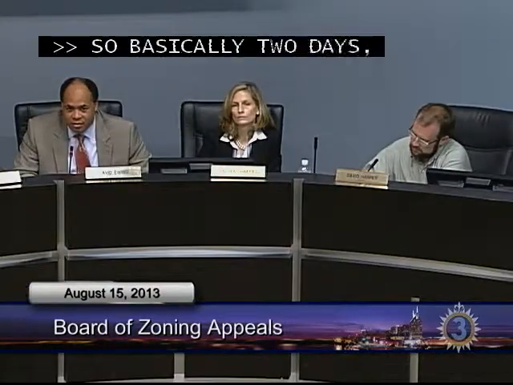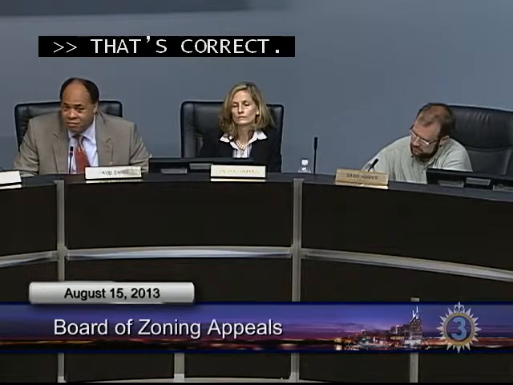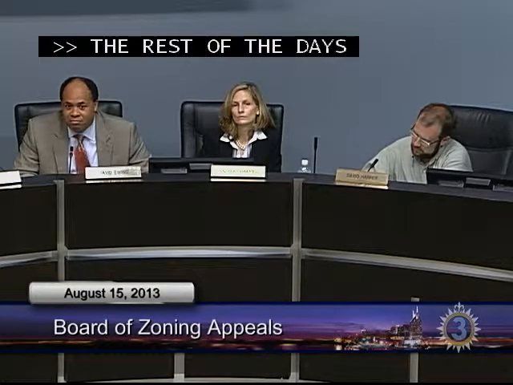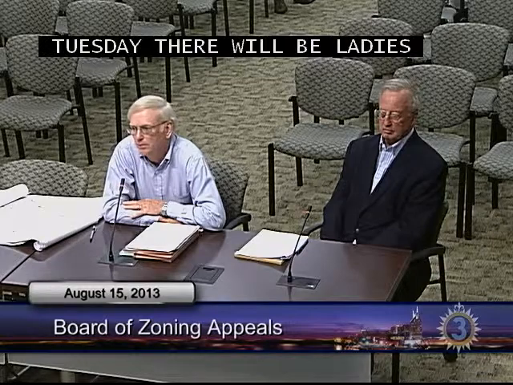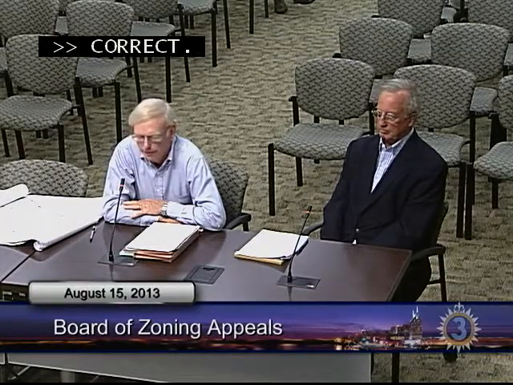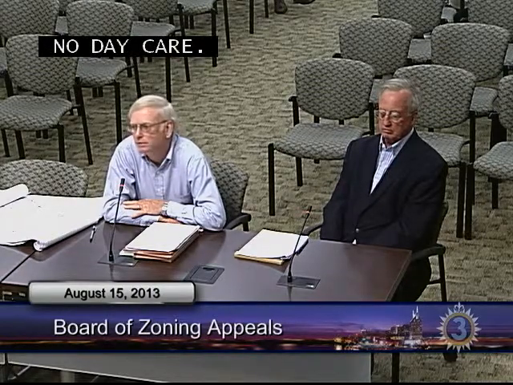So basically 2 days, Wednesday and Sunday. That's correct. The rest of the days we'll have minimal people there, staff. Tuesday, there will be ladies' Bible class. But mainly worship 2 days a week. Correct. No daycare, no after-school care.